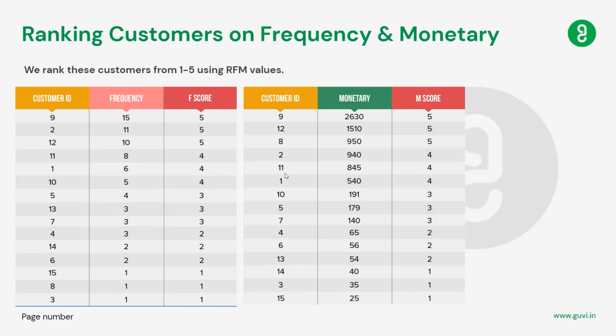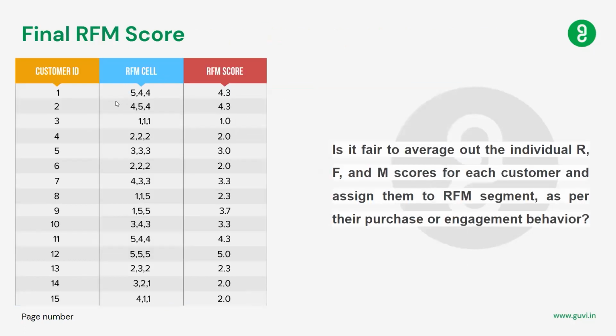And for monetary, he was at the 6th position and was given a score of 4 again. So the total value will be 544, and if you calculate in this normal way, it will be 13 with respect to a score of 15. If you average it out, with respect to a score of 5, it will come to 4.3.